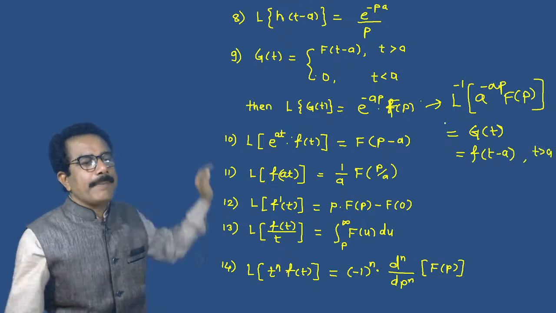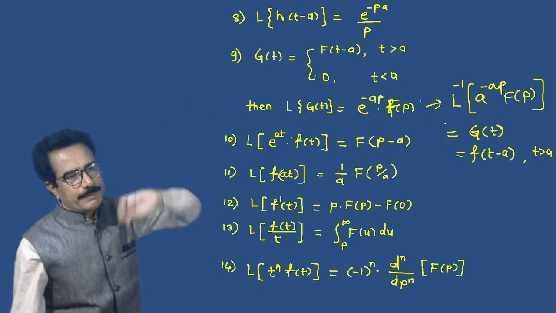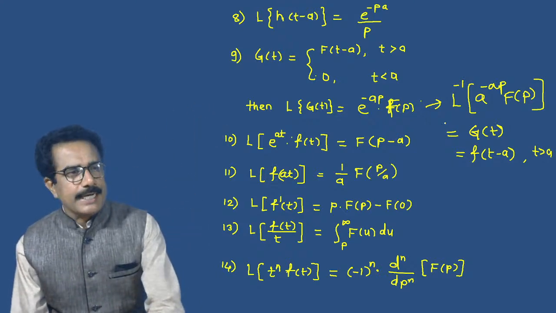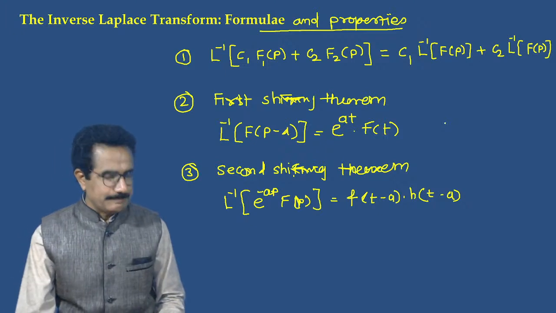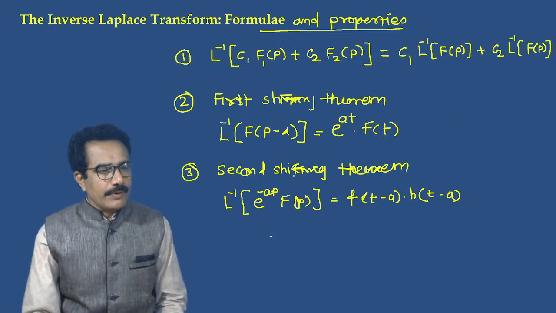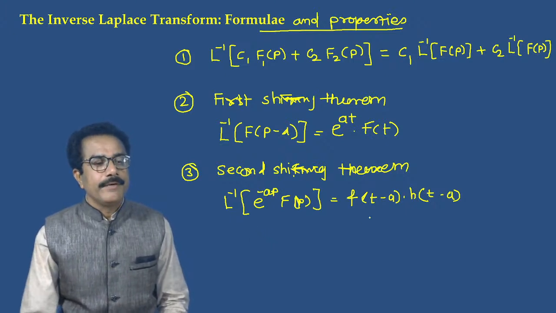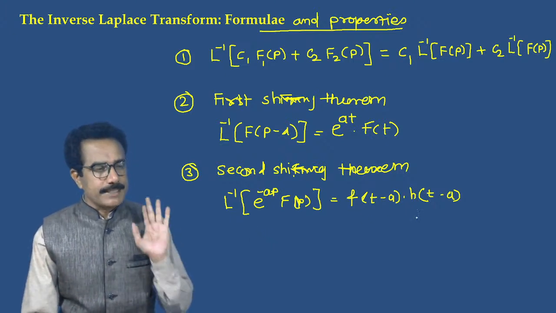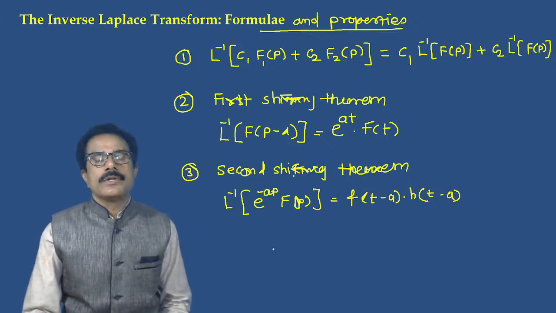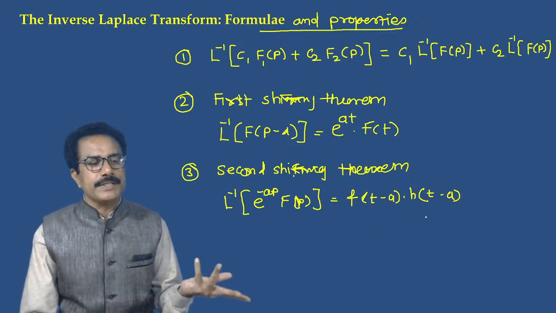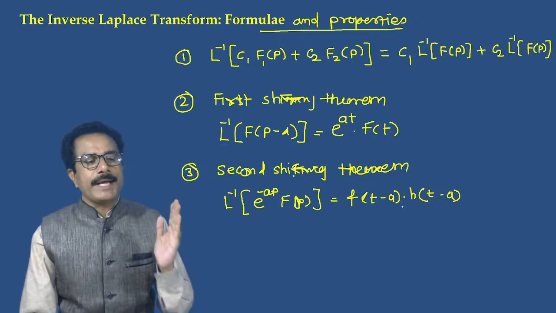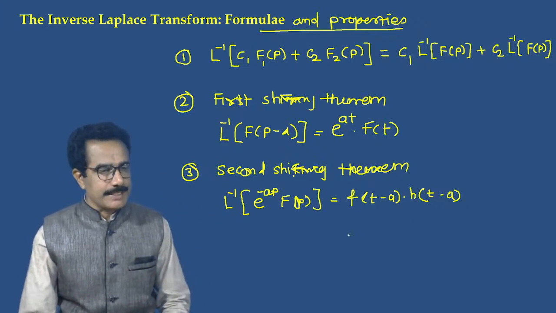So this is the Laplace transform for the second shifting theorem, and we can write this in this way. Or we can write f of t minus a into h of t minus a.